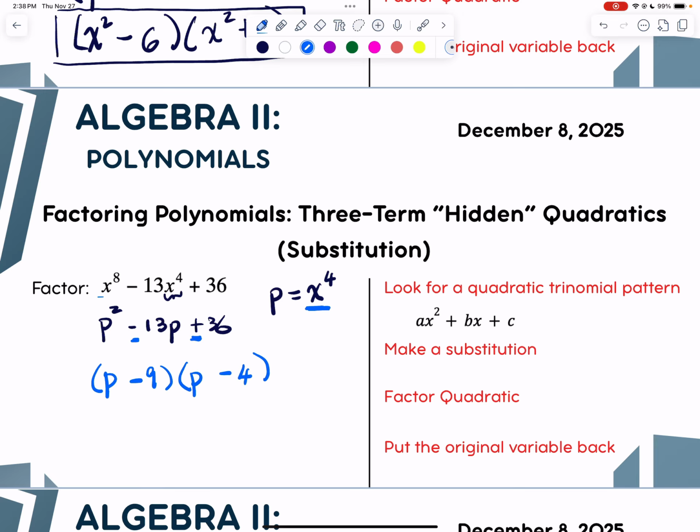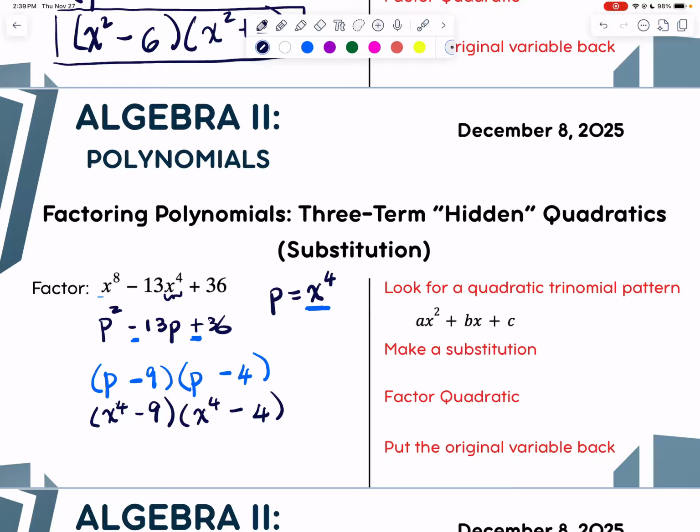And again, don't forget, we did not start with p's, so we have to put our x's back. When we substitute the x back in, we get x to the 4th minus 9 times x to the 4th minus 4.